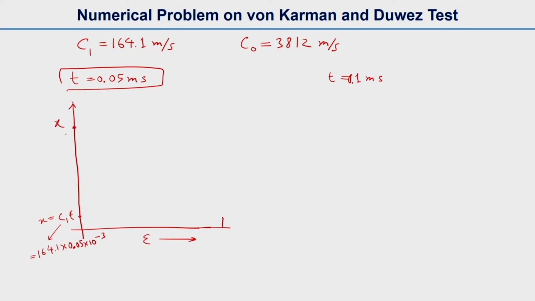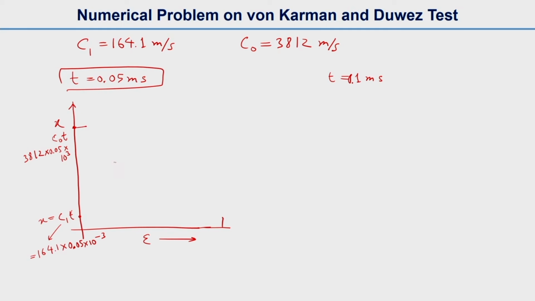Here is 0.05 millisecond, and similarly we need to get x equal to C naught t. C naught t will give us 3812 multiplied by 0.05 into 10 to the power minus 3. So now we can plot that.